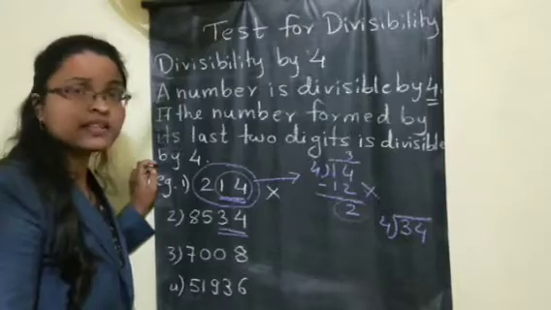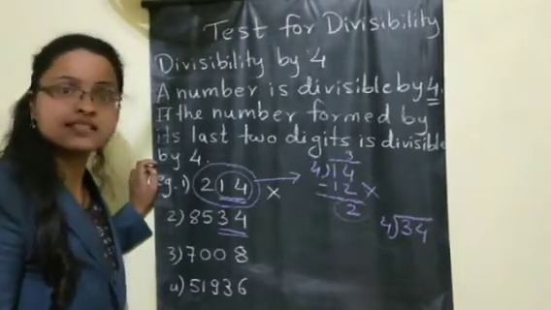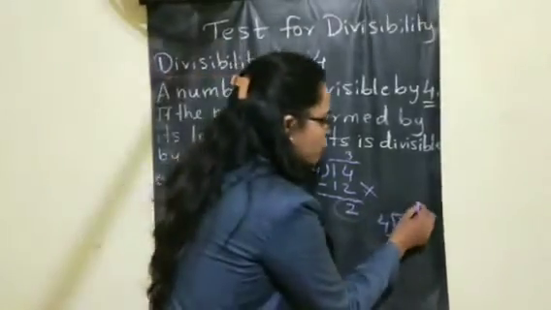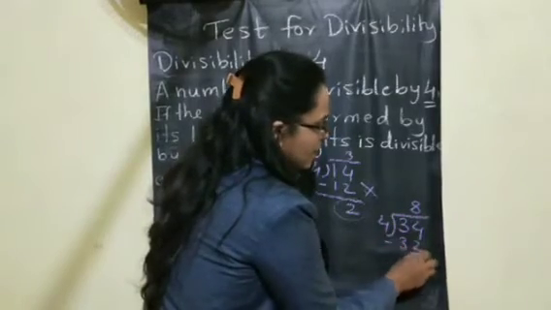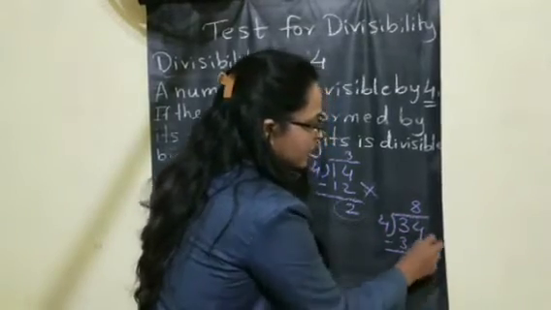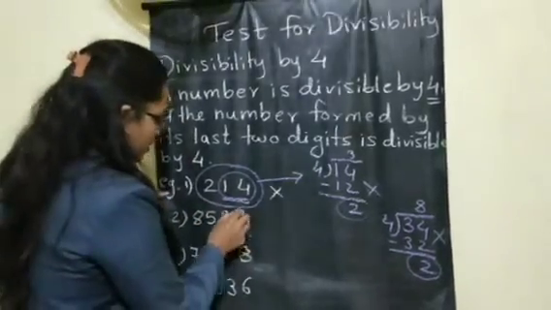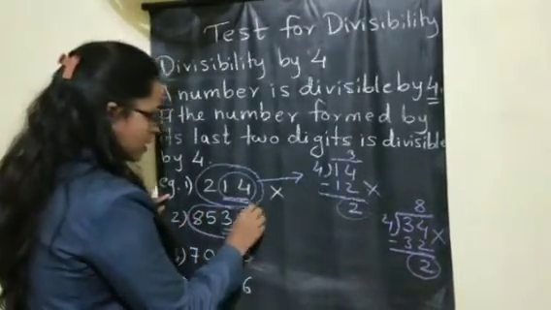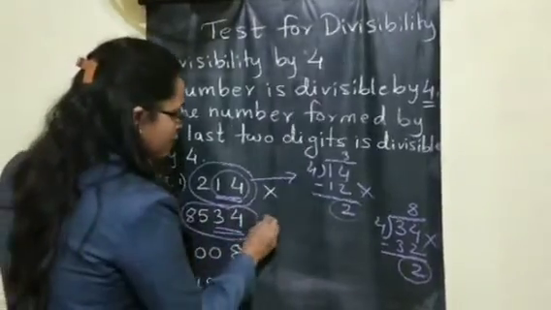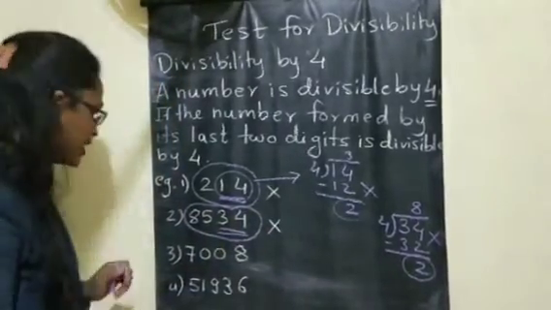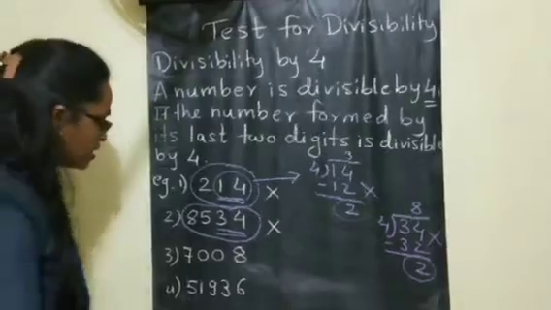No. 4 8s are 32 and 4 9s are 36. So if we do that 4 8s are 32, children, again you will get the remainder 2 here. Means this number is not divisible by 4. Full number is not divisible by 4, children.